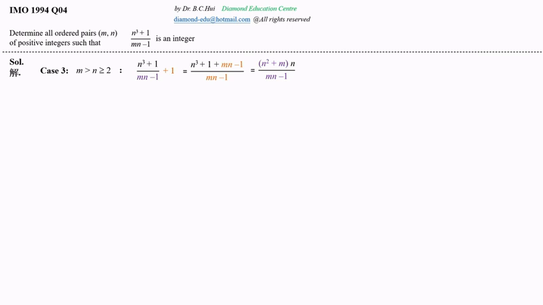We have 1 minus 1 cancelled, and we have a common factor n, so this becomes a multiple of n, which is an integer. We call this result equation 1. Now, that is to say, (n^3 + 1)/(mn - 1) equals k times an integer, n minus 1.